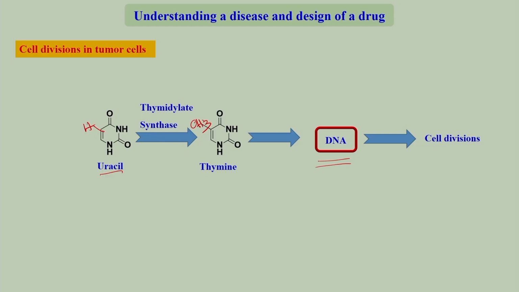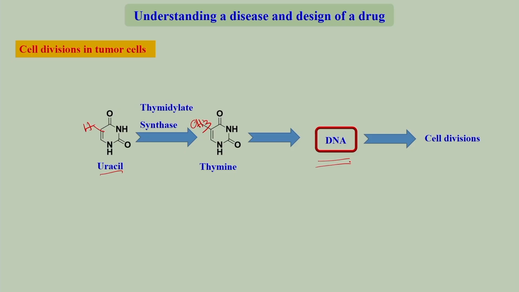A C-H bond is replaced by a C-CH3 bond, and this reaction is catalyzed by the enzyme thymidylate synthase in our body. Once the thymine is synthesized, it is involved in synthesis of DNA, and then DNA undergoes cell divisions. Every cell has DNA, so DNA multiplies when the cell multiplies.